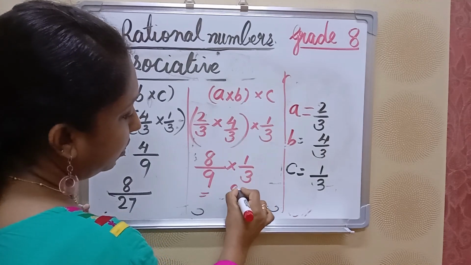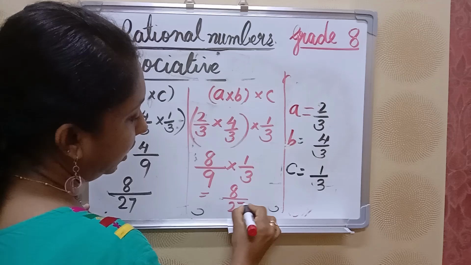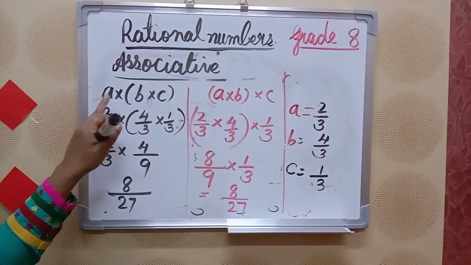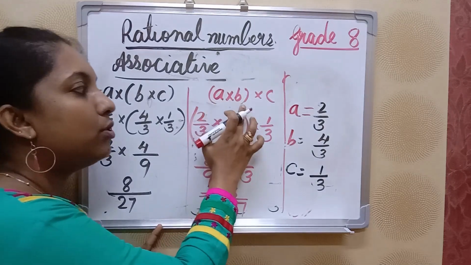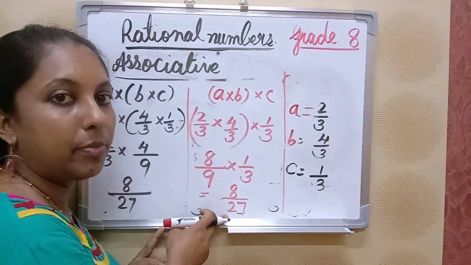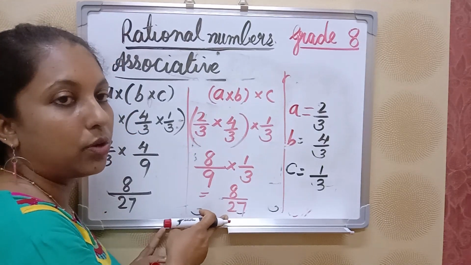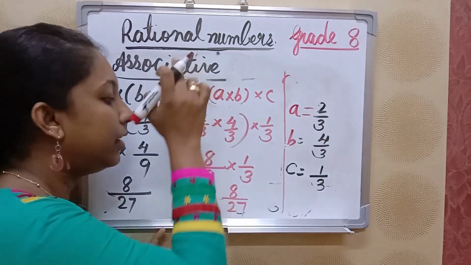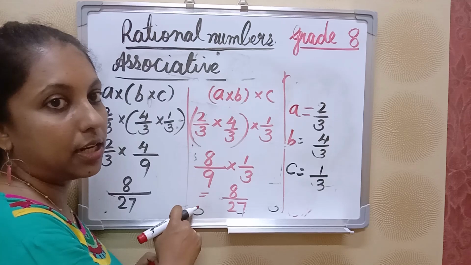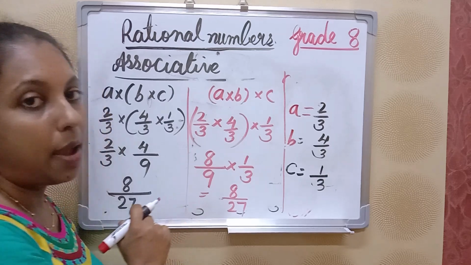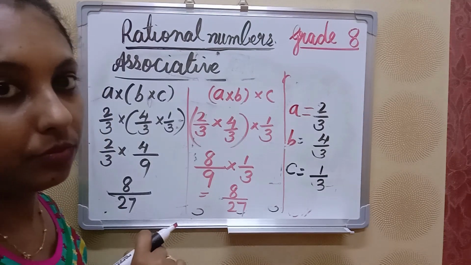That is 8 into 1, 8, 9 into 3, 27. So (a × b) × c is 8 by 27 and a × (b × c) is also 8 by 27. So rational numbers are associative under multiplication.